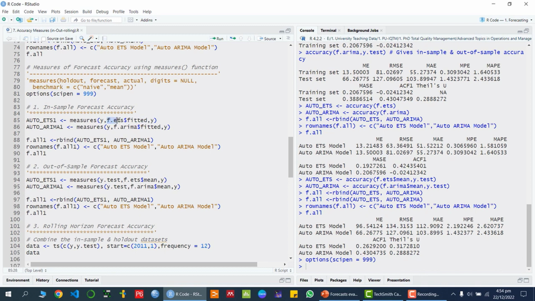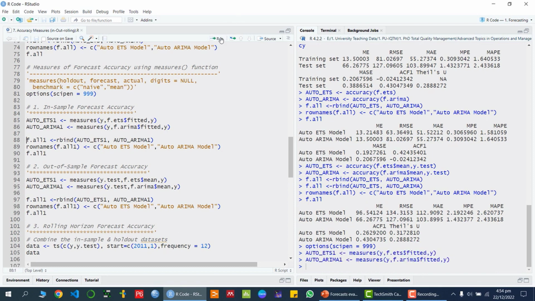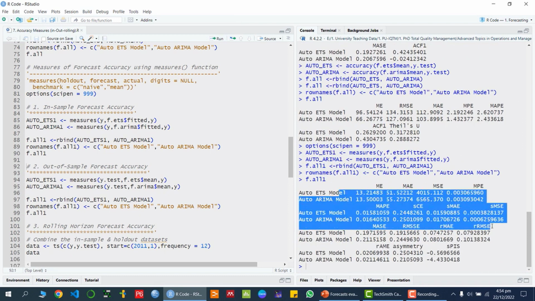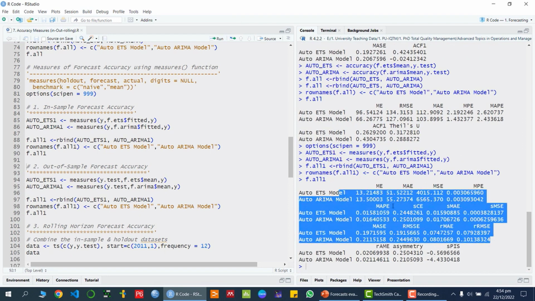So I am saying f dot ets, that is the name of the variable in which we have the forecasted model, dollar fitted, that is the in sample predicted values, and then comma, we are mentioning again the actual variable which is y. If I run it, you can see that these are the in sample forecast accuracy errors.